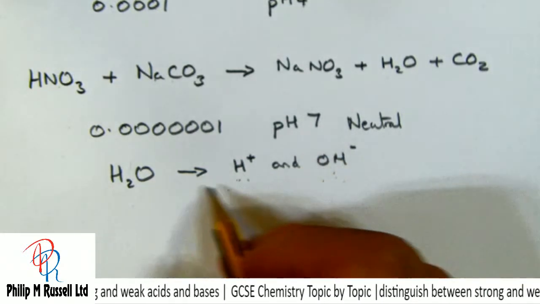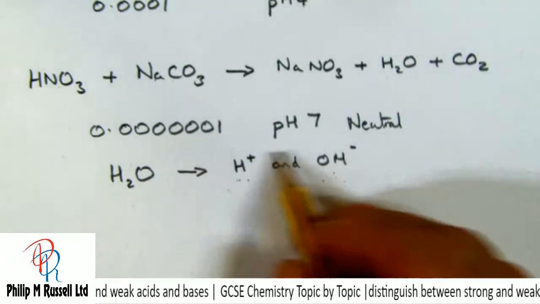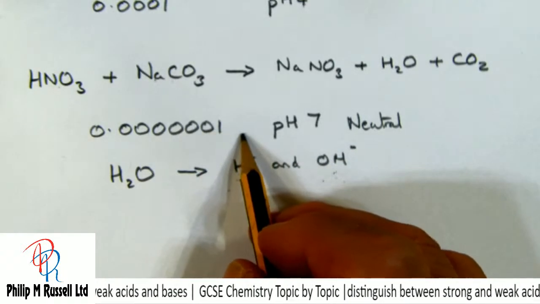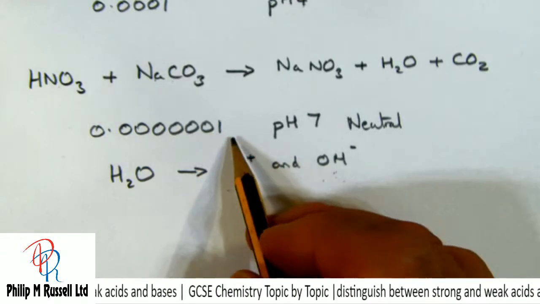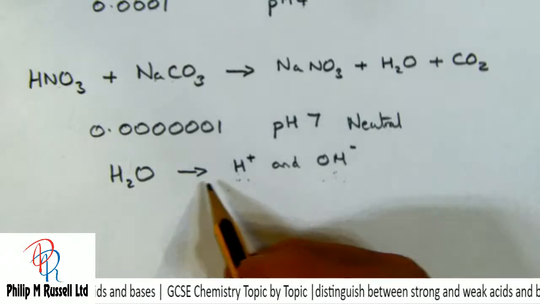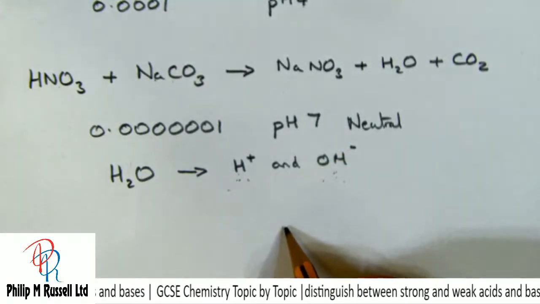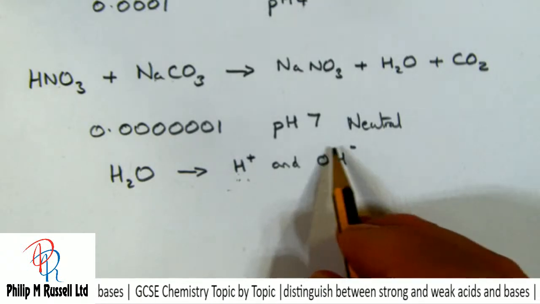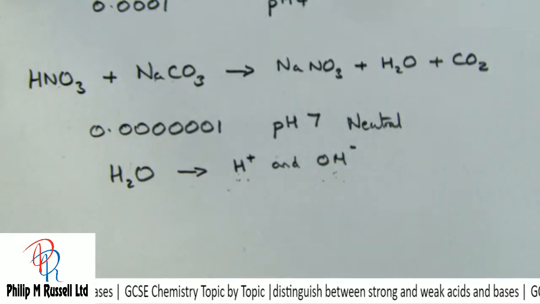If I have more OHs than I have Hs, we carry on with this scale. The H ion concentration is going down, the OH here is going up, and the pH then continues as we've got a higher and higher amount of OH ions or alkali.